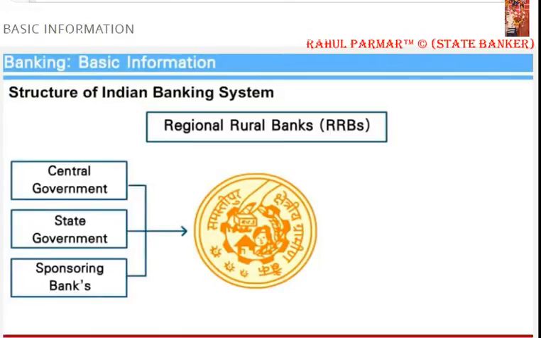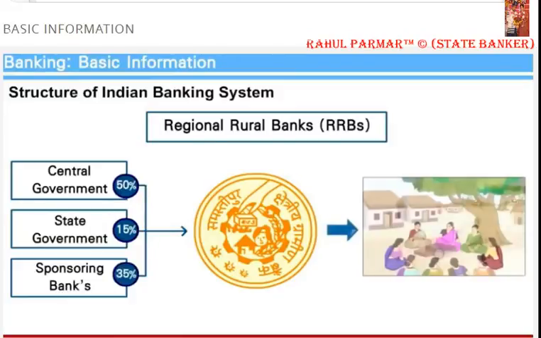The ownership structure of RRBs includes Central Government 50%, Concerned State Government 15%, and the sponsoring bank 35%. RRBs are established with a focus on rural development.